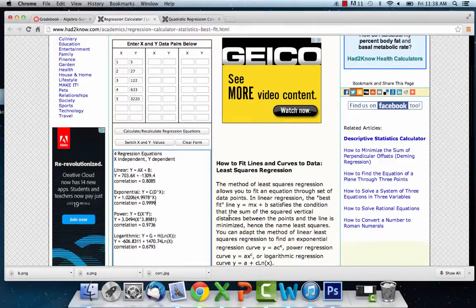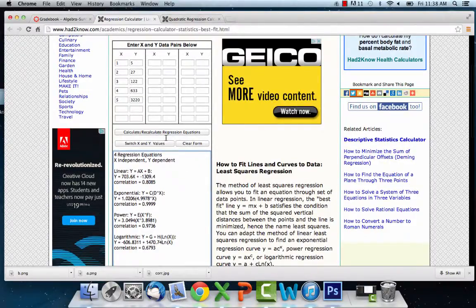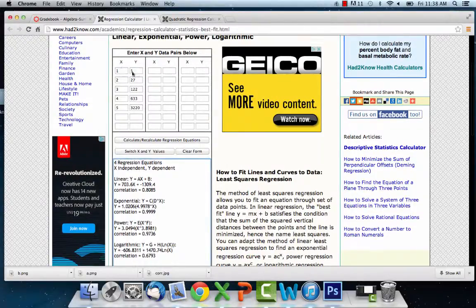Okay, so to test out my theory on the quadratic thing, I'm going to make something that's essentially quadratic now. So again, I'm making up the numbers, but you'll enter the numbers given to you. So I'm going to make this 2 and this 5, 8, 15, and 26.